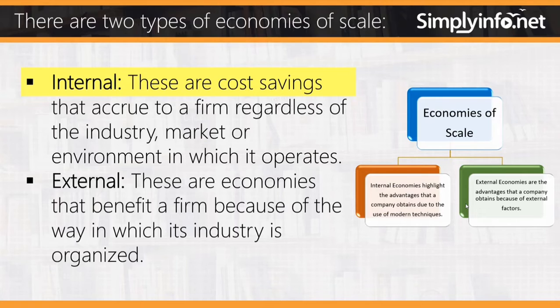There are two types of economies of scale. They include the internal economies and the external economies. The internal economies, also known as the economies of large-scale production, are the advantages a firm derives from the expansion of its scale of production as a result of its own single efforts.